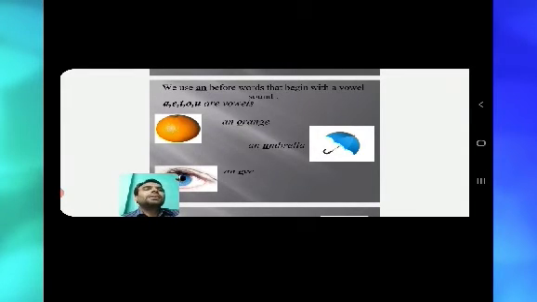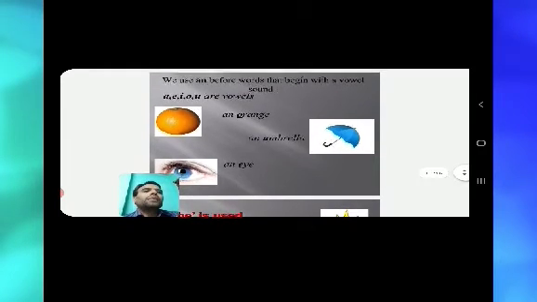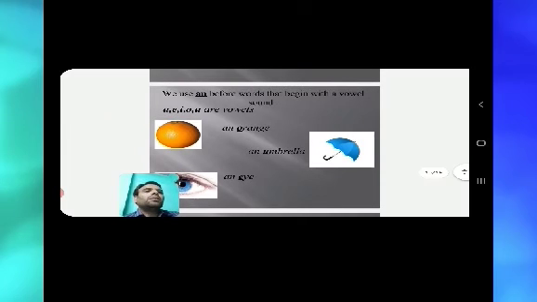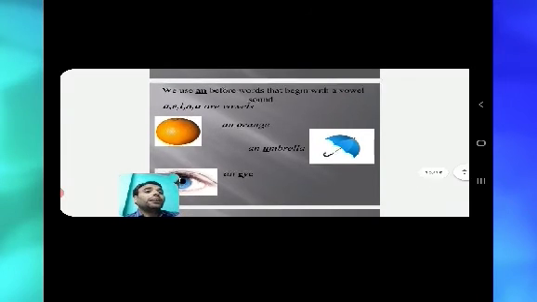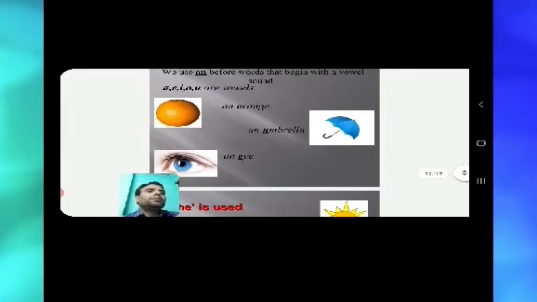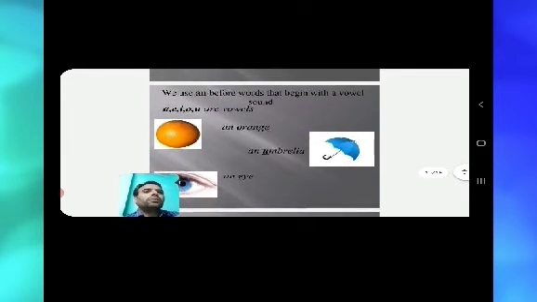A, E, I, O, U. These are the vowel letters, and the sounds they make are vowel sounds. For example, an orange, an umbrella, an eye. Like this we can use an before vowel-sounded singular nouns.